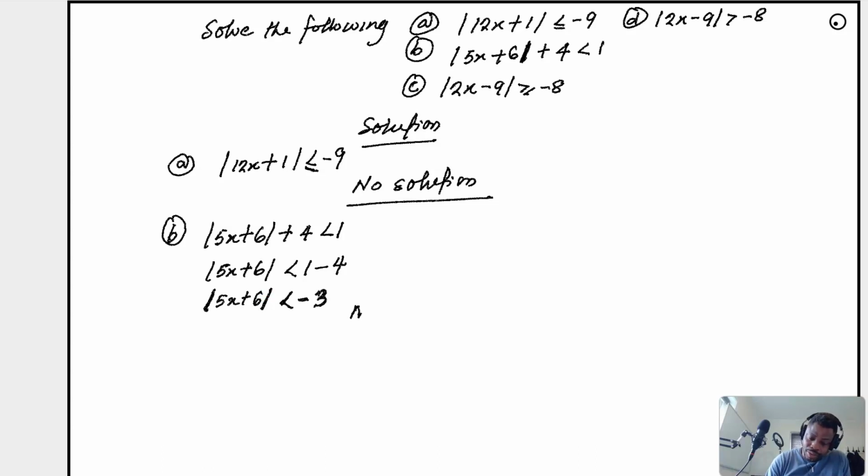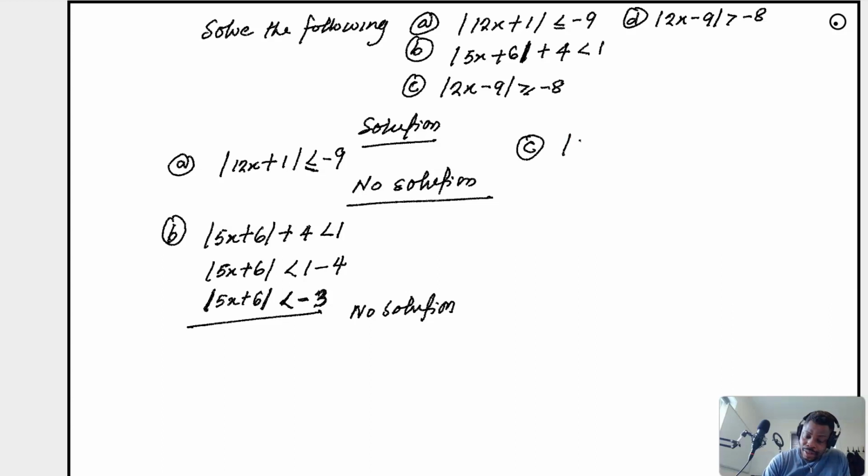This tells me that this is no solution. Why? Because the modulus of a number is either 0 or positive, which is greater than 0. But in this case, it is less than minus 3. So this is no solution.